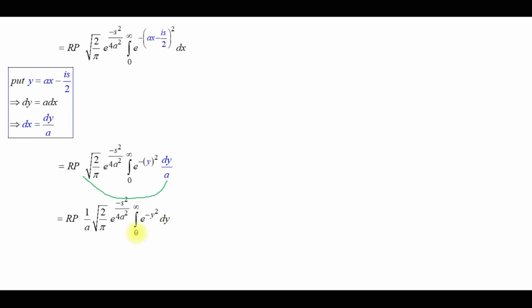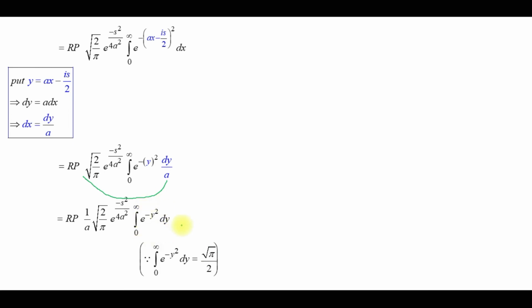So minus infinity to plus infinity can be written as 2 times 0 to infinity. Bringing that to the other side, we have the result integral 0 to infinity e power minus y square dy equals root pi divided by 2. If the limit is minus infinity to plus infinity, then the result is root pi. If the limit is 0 to infinity, then the result is root pi divided by 2.